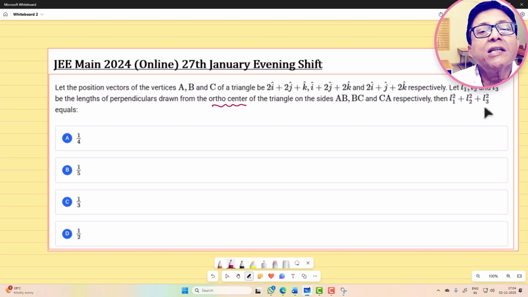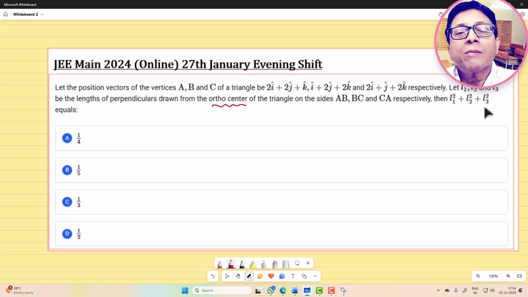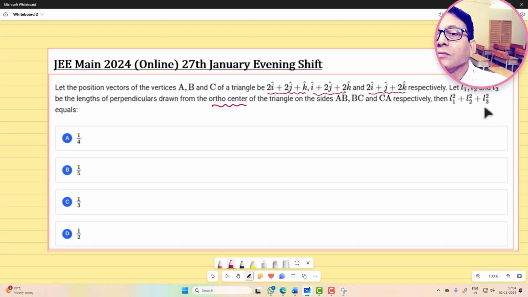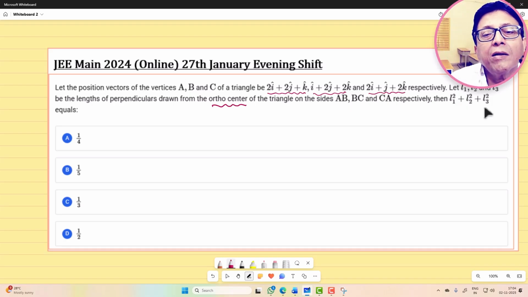But you can see that the position vectors of the 3 vertices given here are 2i, 2j, 2k; i, 2j, 2k; and 2i, j plus 2k. Okay? So do you find anything peculiar over there?